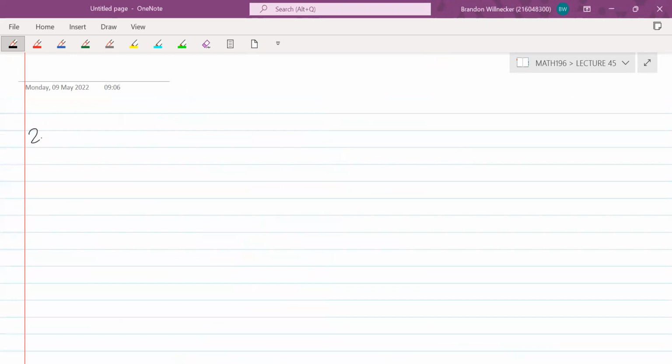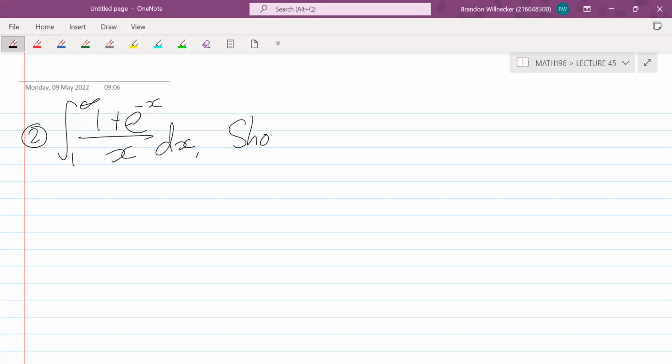Okay, so just going over number 2 again. So we have the integral from 1 to infinity of (1 plus e to the minus x) over x. And we need to show that this diverges using the comparison theorem.